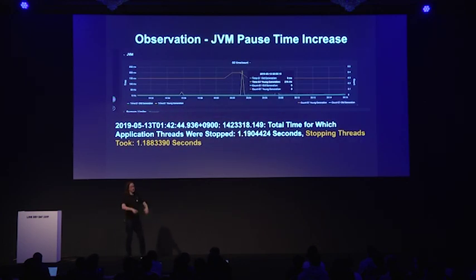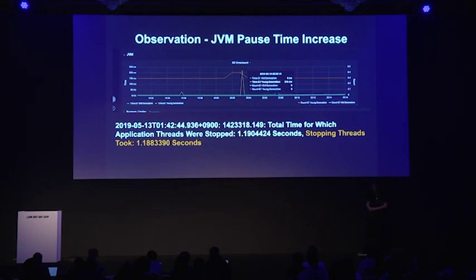Another point that we found is that the JVM, where the broker runs, was experiencing a very large increase in pause time. In case of a GC issue, we often take logs and keep track of metrics, but that was increasing.